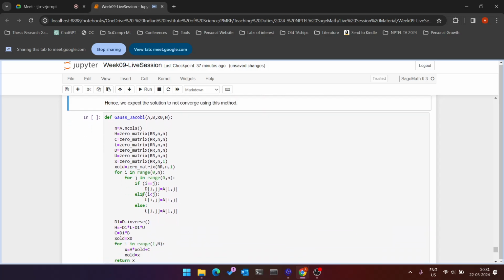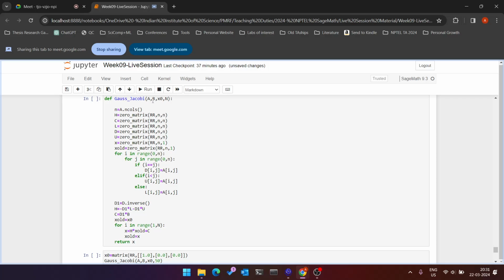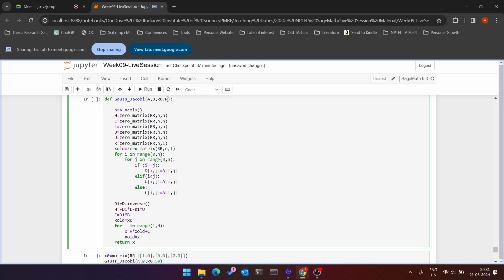Next, we define the Gauss-Jacobi function. This takes as input arguments matrix A, right hand side vector B, x0 as my initial guess, and n as my number of iterations.